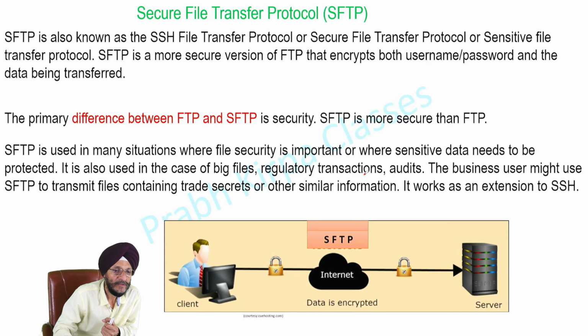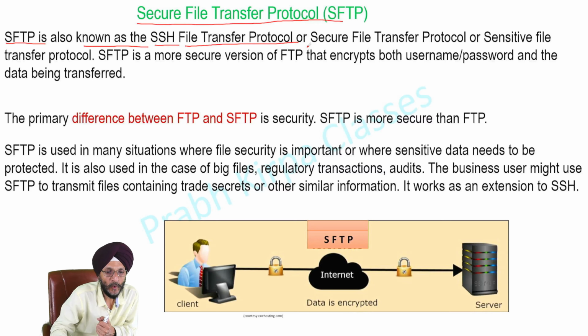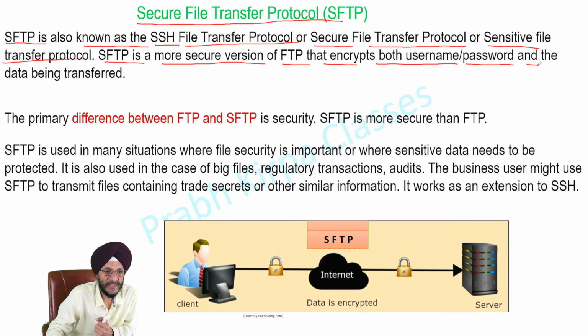Now, what is SFTP? Secure File Transfer Protocol. SFTP is also known as SSH File Transfer Protocol or Secure File Transfer Protocol. SFTP is a more secure version of FTP that encrypts the username, password, and the data being transferred.